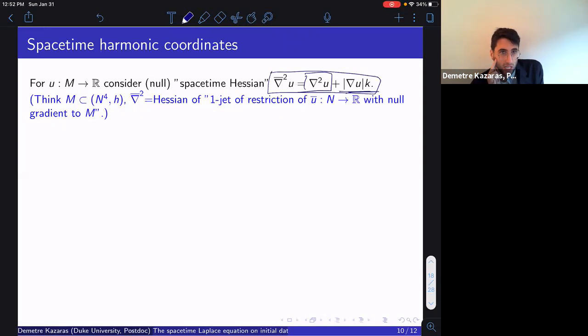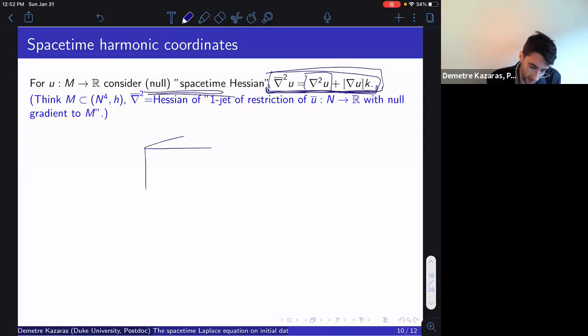So if you want to encode the tensor k, the way in which M is twisting in N, it should enter into the picture, into this Hessian. When you define a Hessian which you want to reflect both the Riemannian geometry and the second fundamental form of your initial data set, k needs to enter into the picture, and here's how we'll say it does. We call this the null space-time Hessian for the following reason.